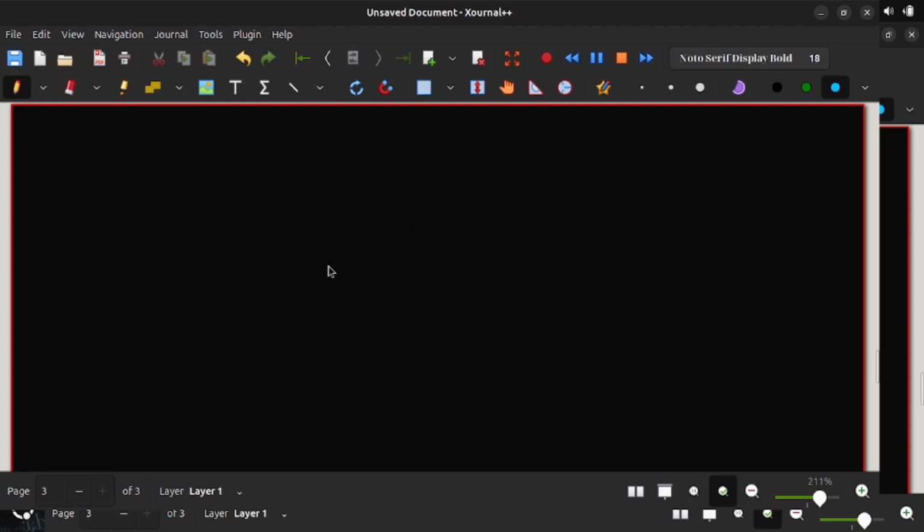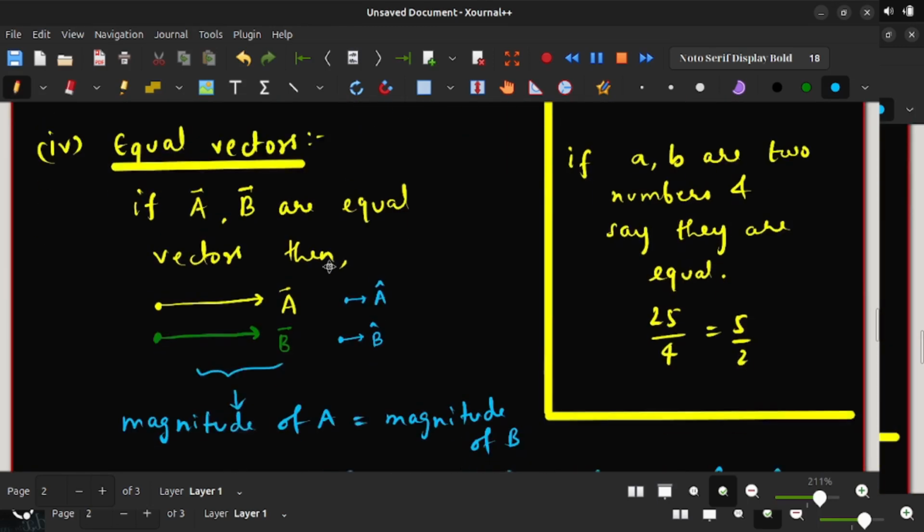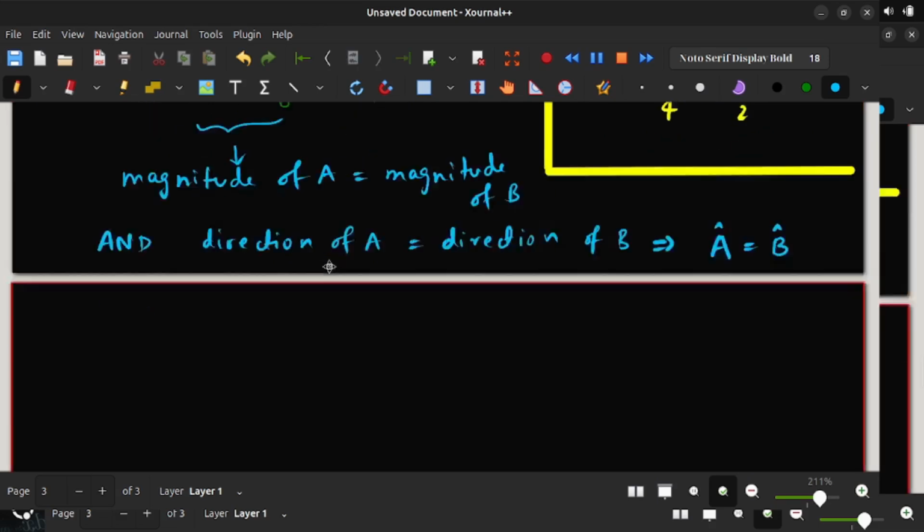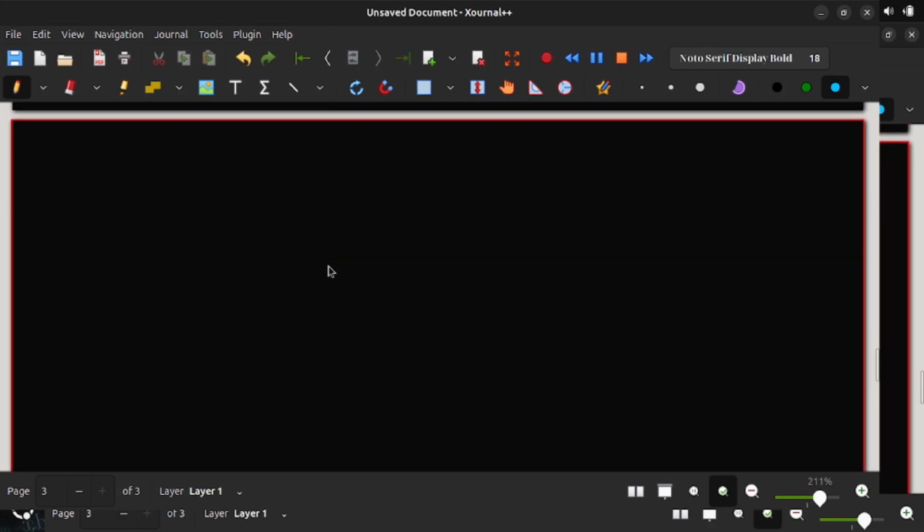So I think the idea is clear to you that for two vectors to be equal, you can't say just that their magnitudes are the same, or just that the directions are the same. Let me give you an example. Say you have two vectors like this.